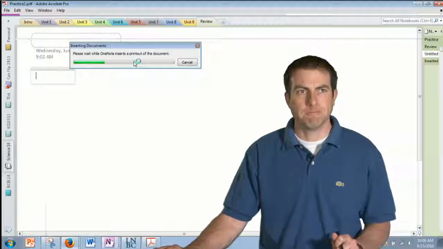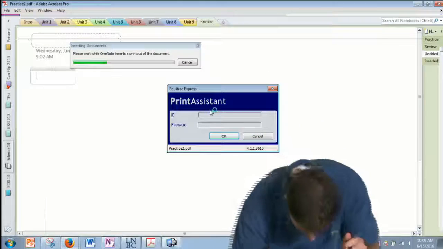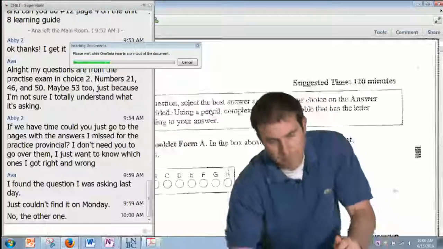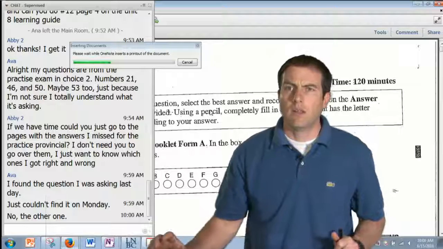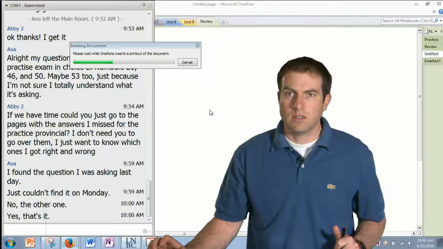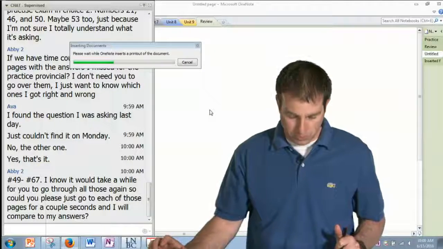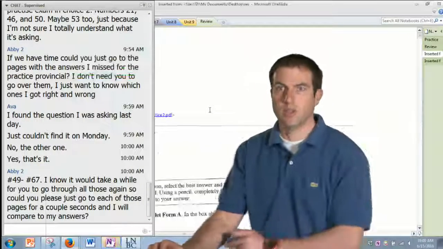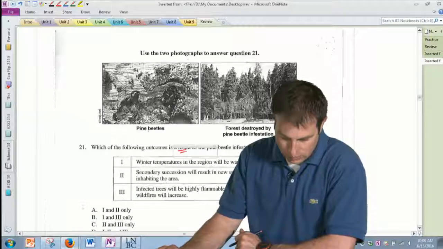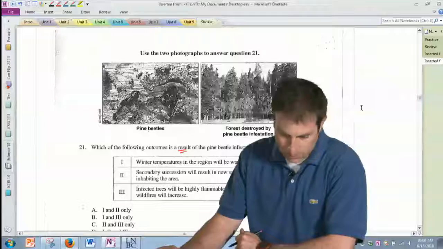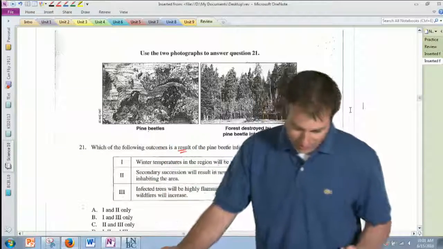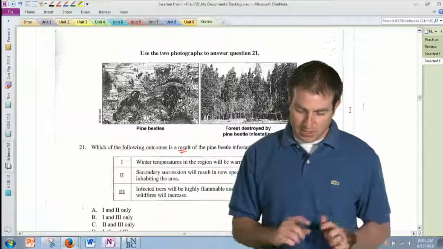That's what you're telling me. Oh my goodness. Now I'm really confused, Ava. No, the other one. Yes, that's it. The pine beetle question? I have it. All right, good. The result of the pine beetle infestation.